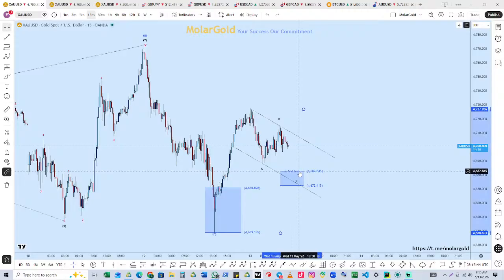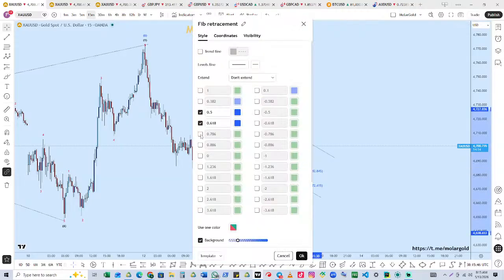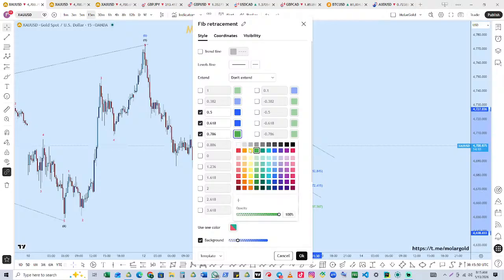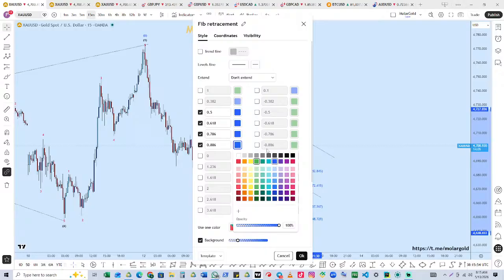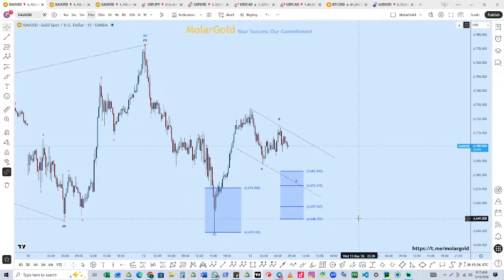All right, and maybe we can go to 78.6. I am actually anticipating 78.6 or 886. That is where I'm actually anticipating. Okay, I'm anticipating these levels. So I'm actually looking at that, right? But EW suggests that these are the levels.